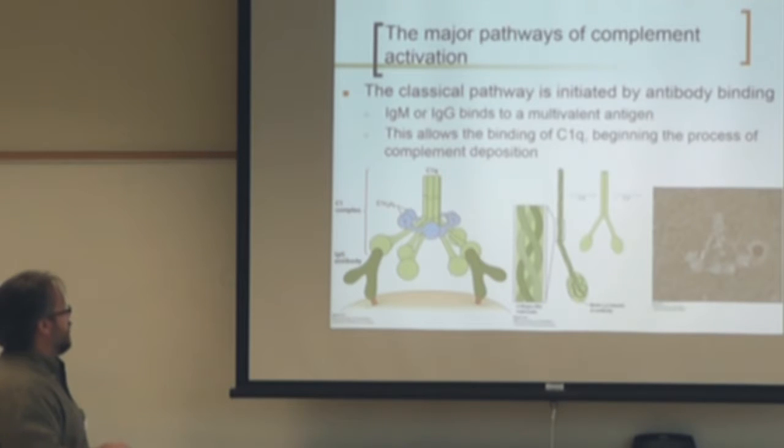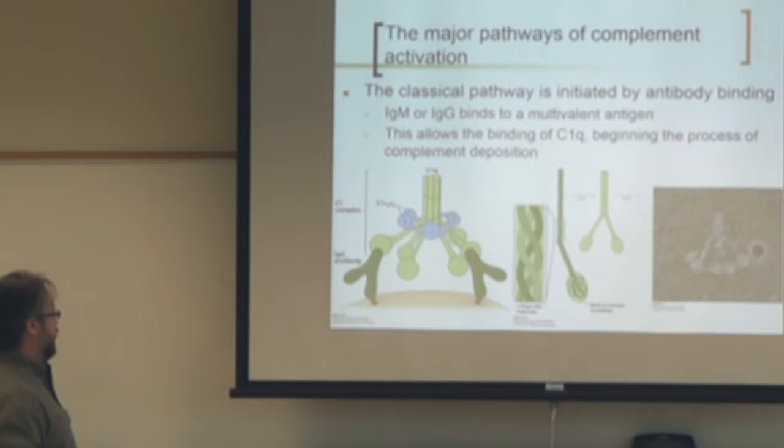So you have to have a lot more IgMs bound in closer proximity to be able to get complement activated.